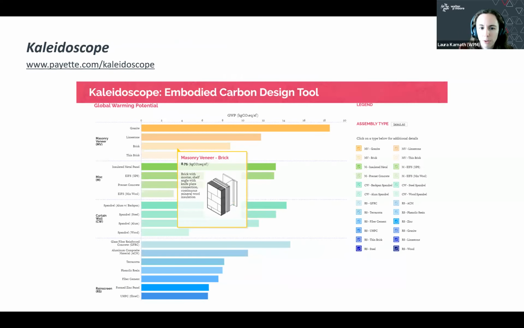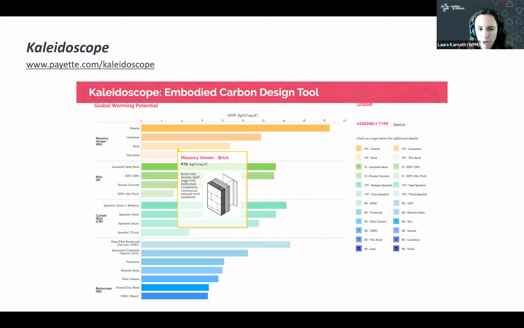Another really neat tool that Payette Architects put together is called Kaleidoscope, and this is available on their website. And this is actually looking at full wall assemblies, and I think they have roof assemblies too. They've slowly been adding to this tool since I started looking at it. So it's always being updated, but it looks at full assemblies and you can compare different exterior wall finishes to each other and understand how each component of that wall assembly contributes to the overall embodied carbon.